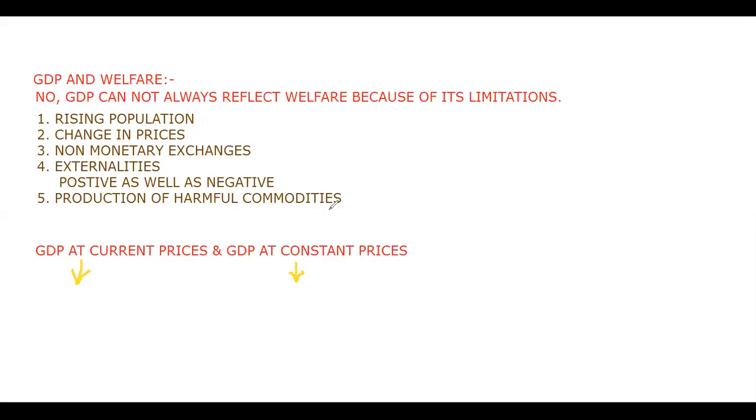Let us see. The GDP at current price is actually nominal GDP. And GDP at constant price is real GDP.